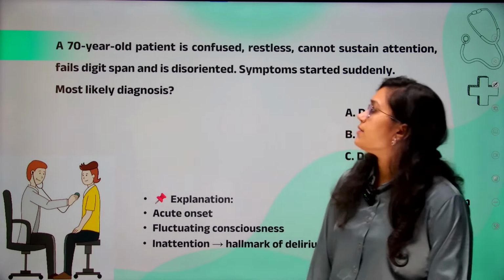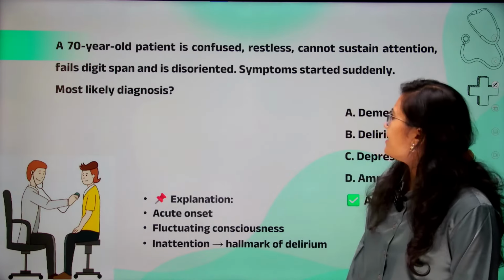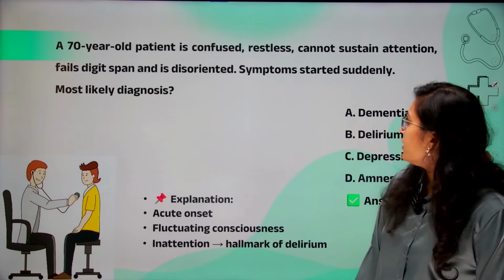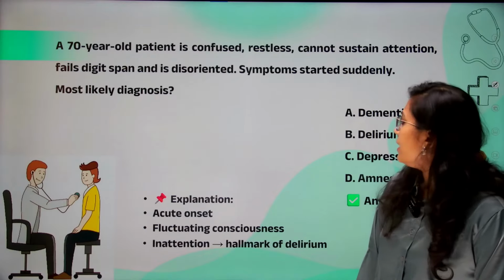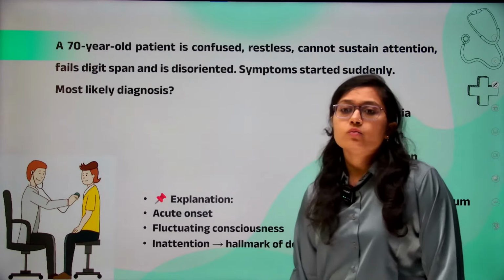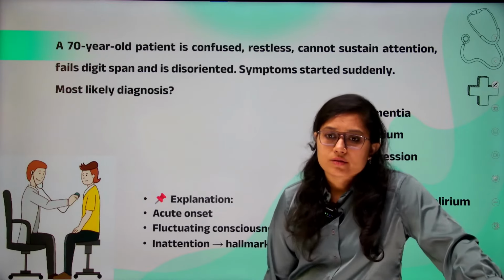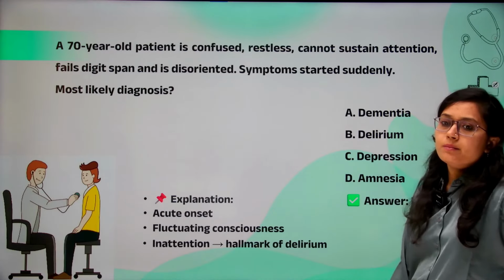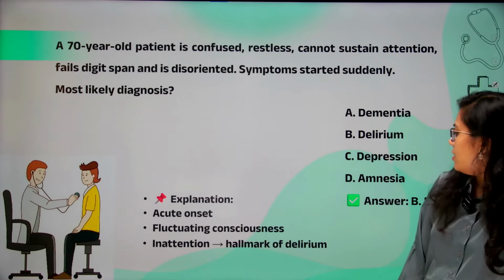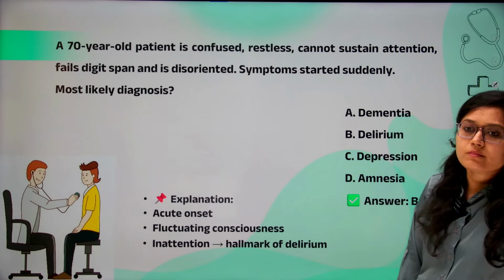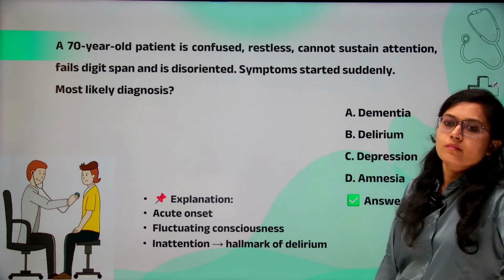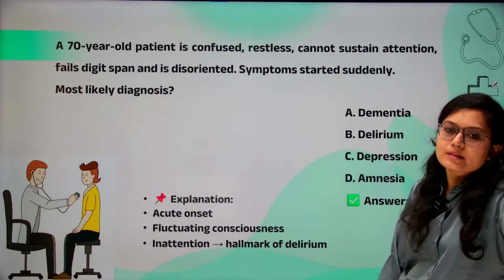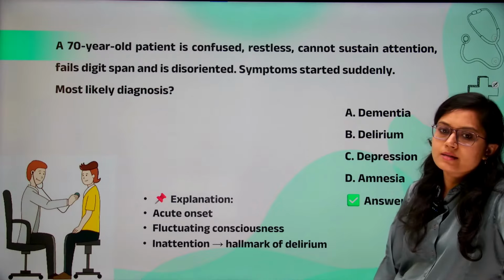Okay, next is a 70-year-old patient who is confused, restless, cannot sustain attention, fails digit span and is disoriented, and symptoms started suddenly. What would be the most likely diagnosis? Fine. Whether it is dementia, delirium, depression or amnesia. So the answer is B, that is delirium.